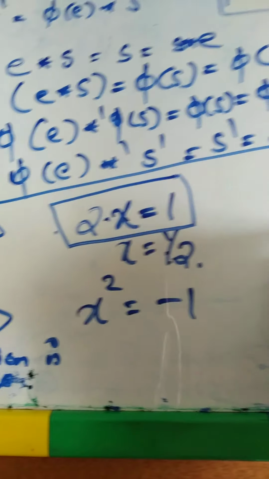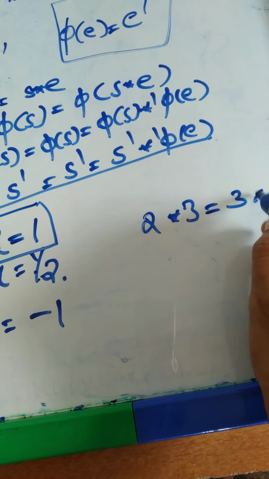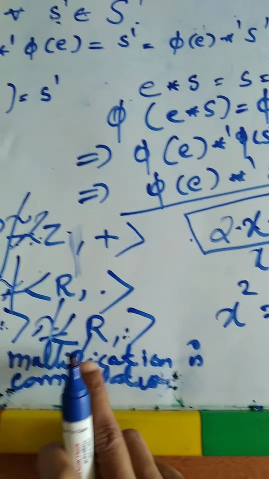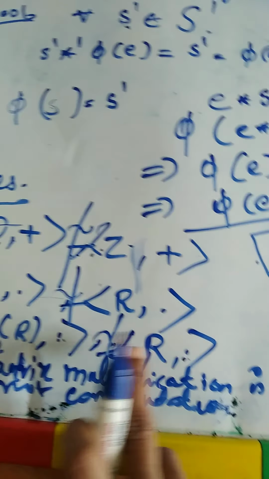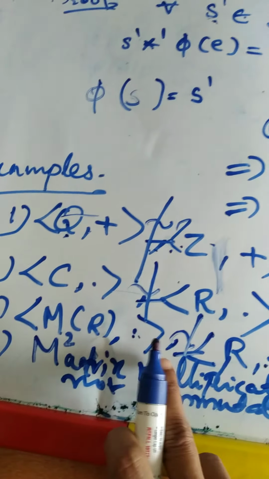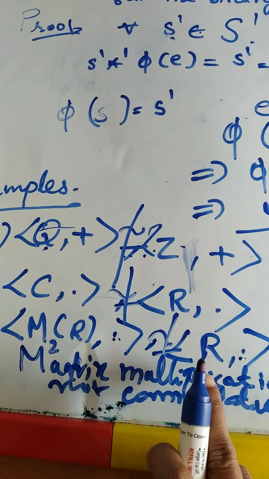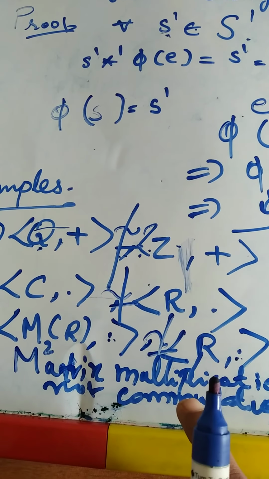Are 2 into 3 and 3 into 2 equal? Yes, they are equal. So in this case, it is a commutative binary operation, and the other is not a commutative binary operation. So these two algebraic structures are also not isomorphic. Is it clear? Okay.